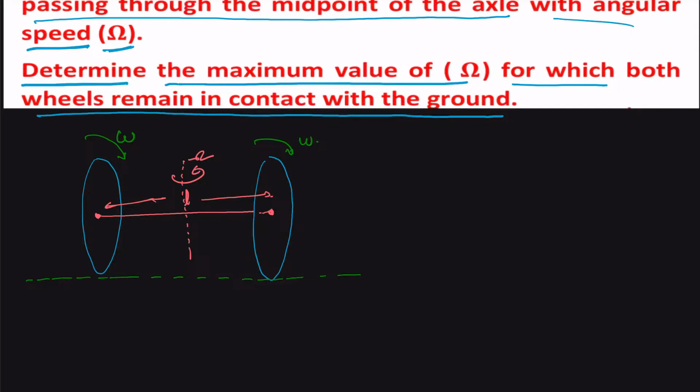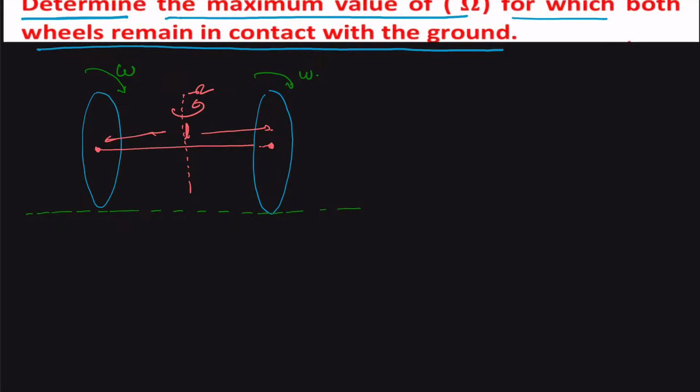And so the various forces that will be acting on it: there will be two forces. One will be our normal, so let us call this the normal on the left, and we have our normal on the right, and also we are going to have our weight mg in the downward direction.